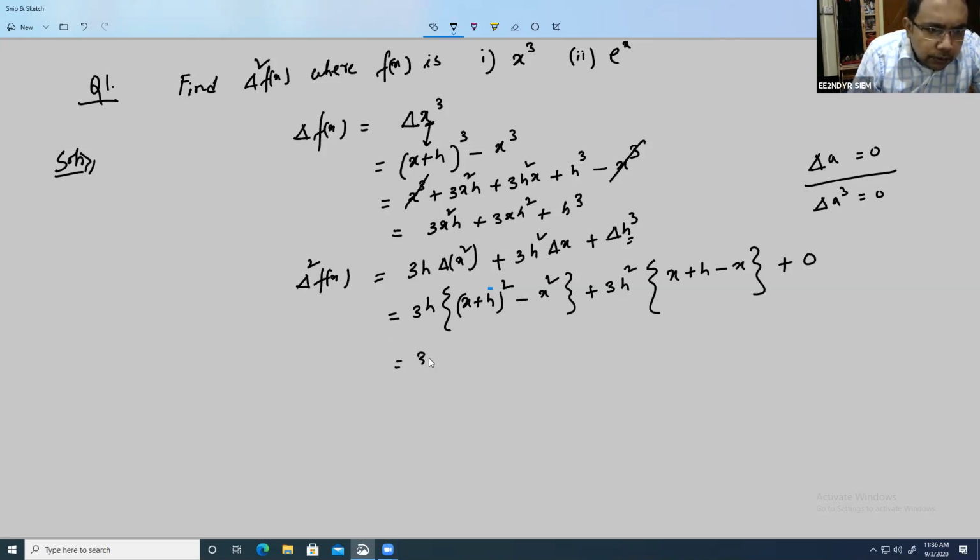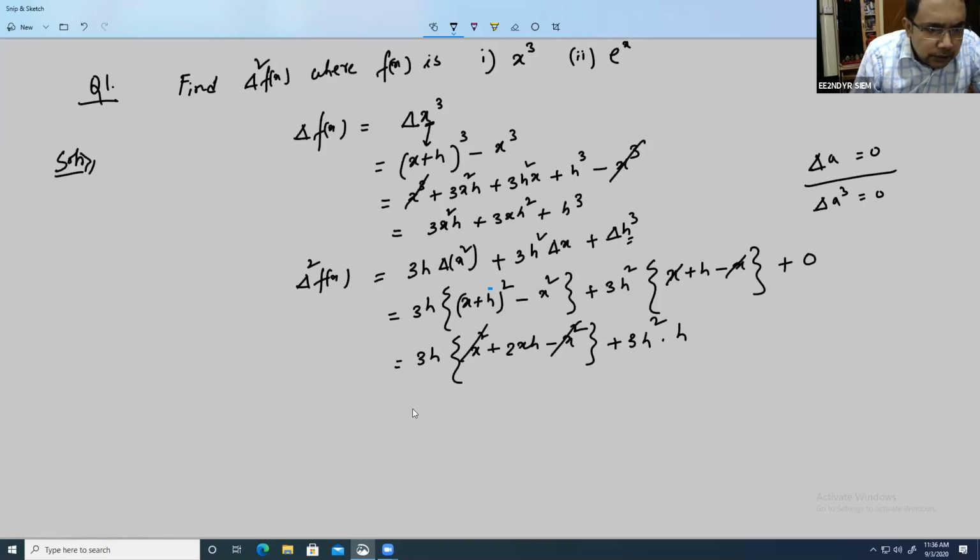Now 3h is equal to x square plus 2xh minus x square plus 3h square. So this and this will cancel out. So the only existing term is h.